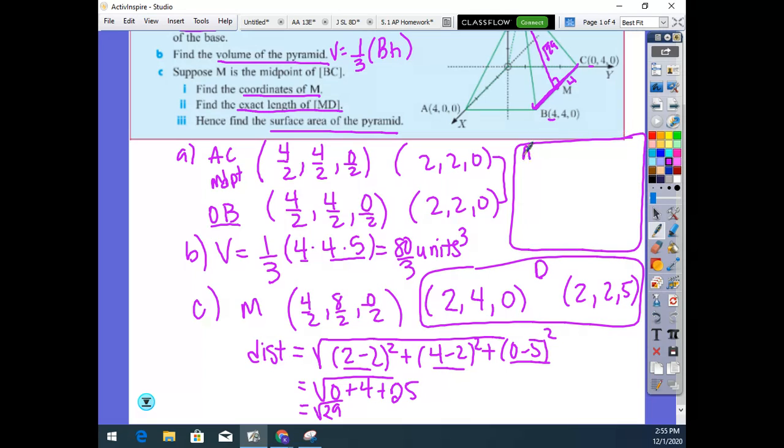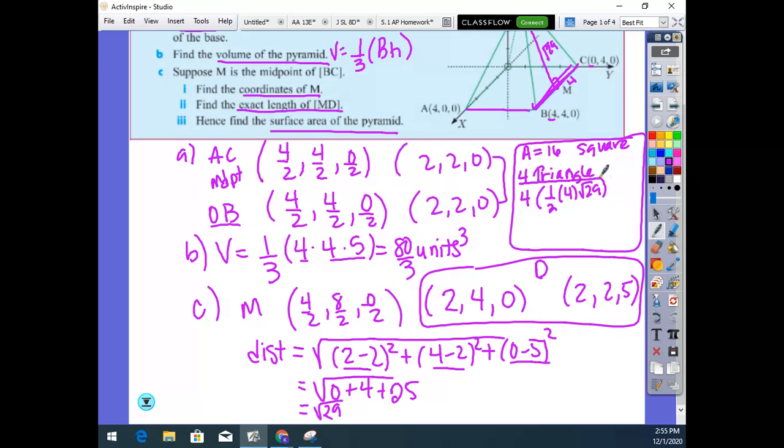So the area of the square is 16, 4 times 4. Then I have 4 triangles. So I'm going to take 4 times the area of each triangle. So my base, 1/2, times my base, times my height.